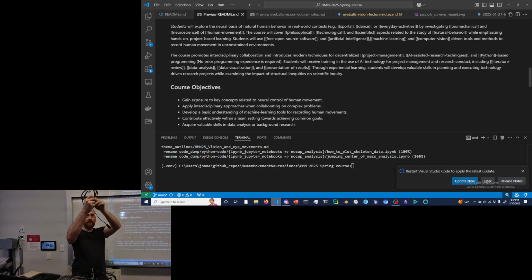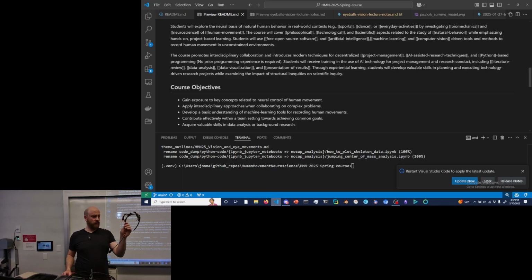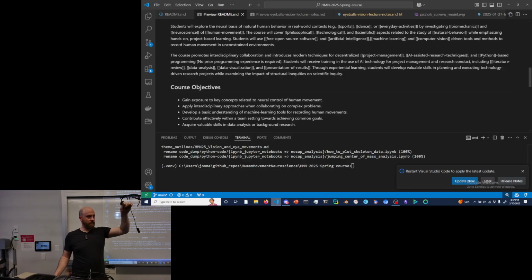So this is an eye tracker. It's a Pupil Labs eye tracker. Pupil Labs is a nice company. This eye tracker costs about $2,000, which in the research world is very, very cheap. And all their software is free and open source, which I appreciate.